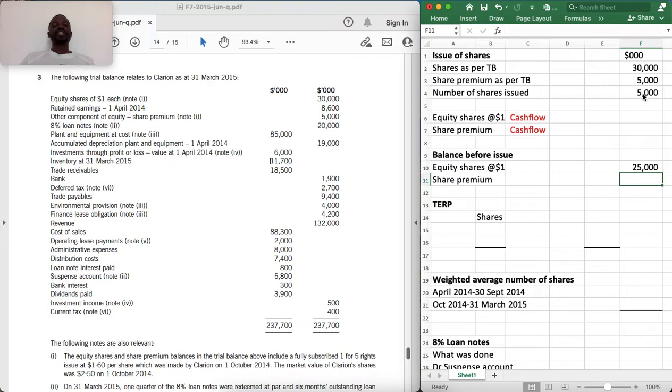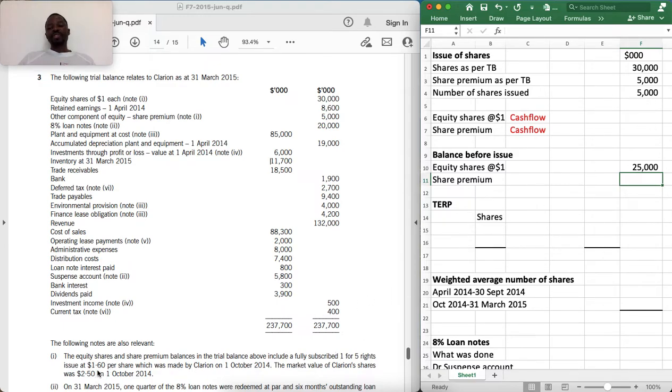So before the issue, the shares were 25,000. And we can prove this because each shareholder, when holding 5 shares, was given another share. So we can say 25 divided by 5 multiplied by 1, or 25 multiplied by 1 divided by 5, because that's the ratio here. We get the number of shares issued as 5,000, like what we did by dividing by 6.